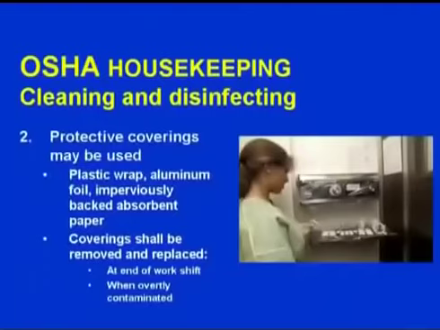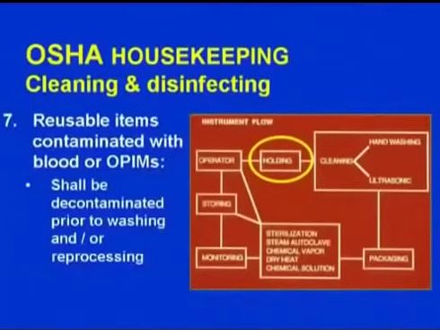You notice that many types of materials can be used, such as plastic wrap, aluminum foil, etc. One point that OSHA wants us to understand very carefully is that the very first thing we do with contaminated reusable items such as instruments is that they immediately be disinfected or decontaminated in a holding solution before we do anything else. This is to minimize the spread of infection to those whose duty it is to clean up and disinfect the instruments.